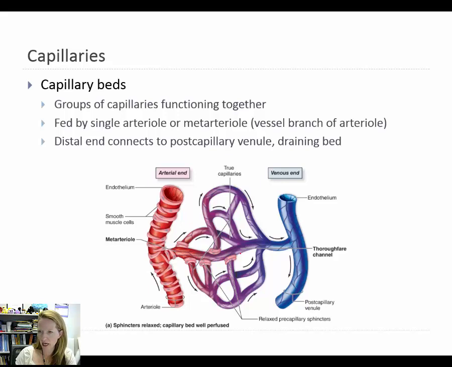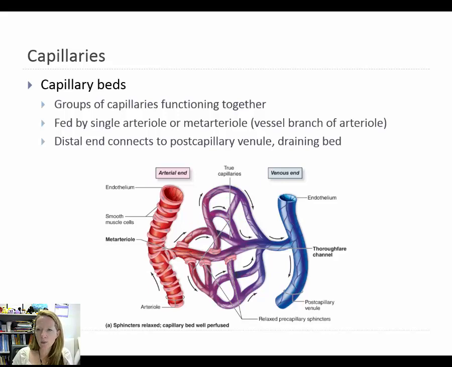You also have this channel that goes through, and eventually it leads to a thoroughfare channel, which dumps into a venule right here. And look at the things that are coming off of the meta-arteriole and thoroughfare channel. You have these things called true capillaries right here. So blood can go up in here and go through the true capillaries, or it can just go straight on through to the venule if it needs to.